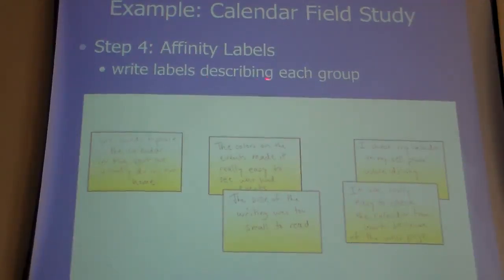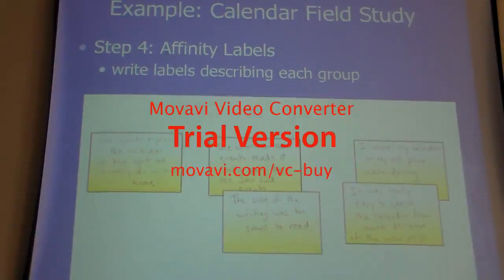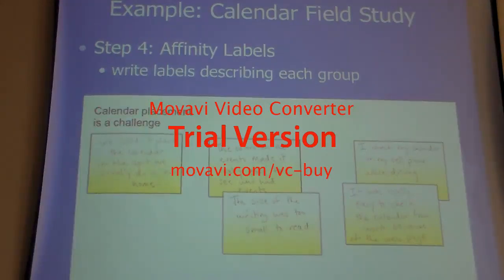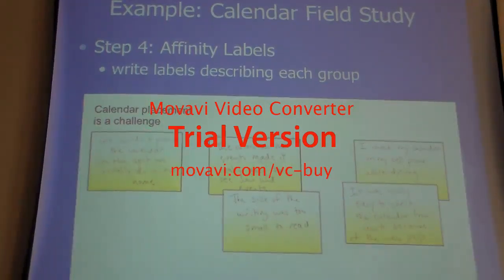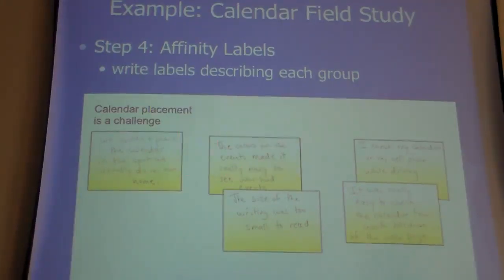Affinity labels: write labels describing each group. Now you can write one label to describe each group. For example, calendar placement is a challenge, because they don't know where they should put it. Here it is visual effect: color and size.